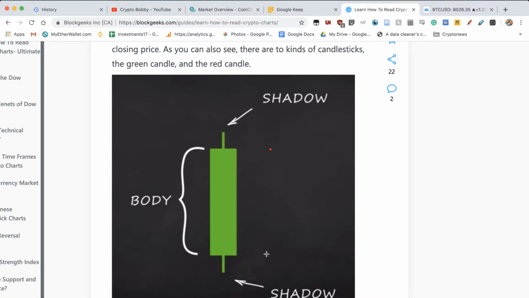If I can draw one here, a rudimentary candle, just to highlight what I mean. So basically here is the beginning at 11.